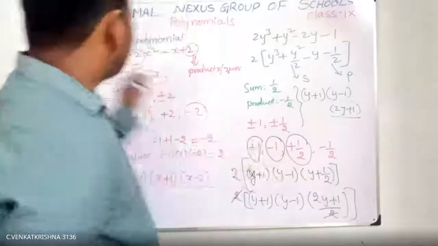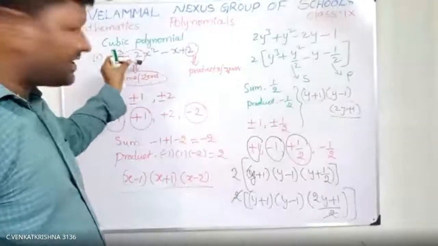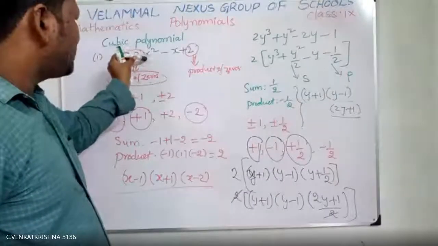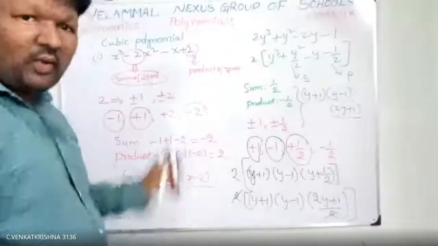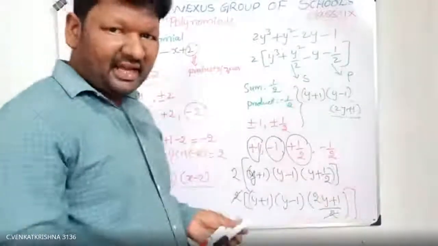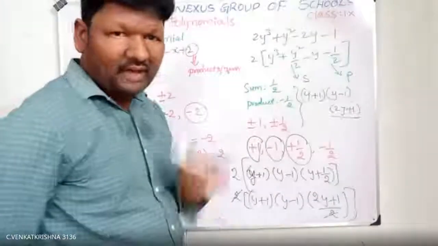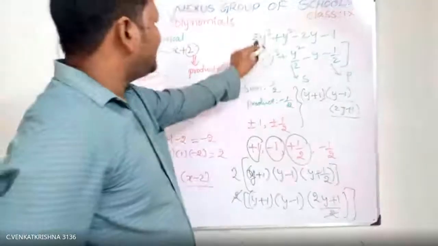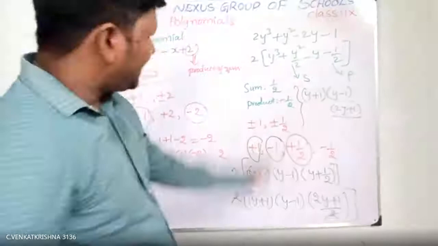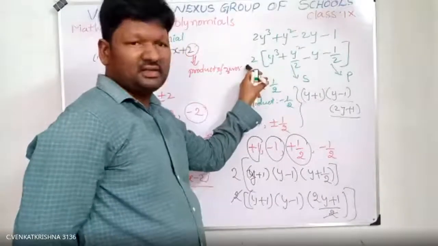Just see our model before question. There is no coefficient, so we can consider directly the x square coefficient is the sum and the constant is the product. Every time, if there is no coefficient in the y cube, that is the cubic leading coefficient, I will take 2 as common separately. Then I get y square by 2 here. There is no 2, but we are taking 2 as common, so it is divided by 2.